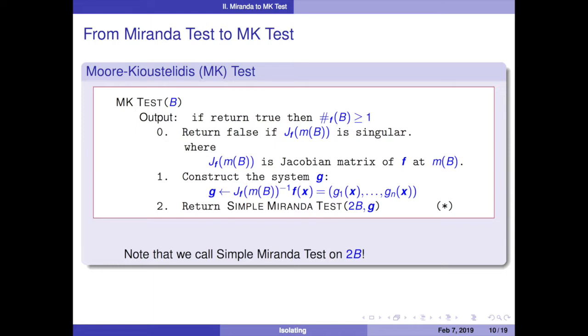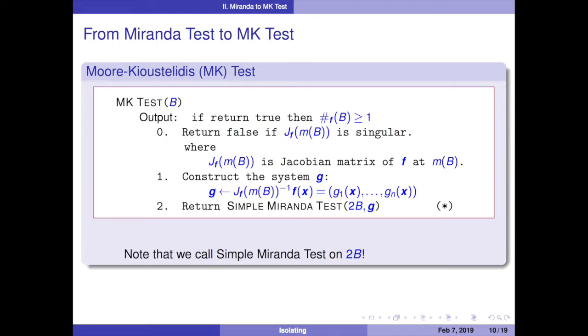So Kostelides noted that you have to do a preconditioning. So here is the precondition test that I call the MK test. It returns true if the number of roots is at least 1. If it returns true, then you can say that there is at least 1 root, not the other way around.